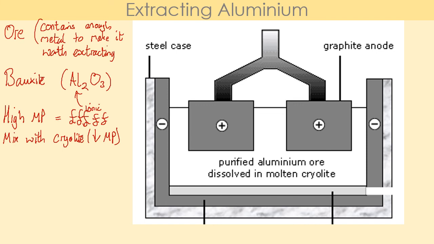We then have our setup. Now, broadly similar setup, apart from obviously we can now see that our electrodes are in slightly different positions. But in here, we're going to have ions, and our aluminium ions are going to be attracted to our cathode.